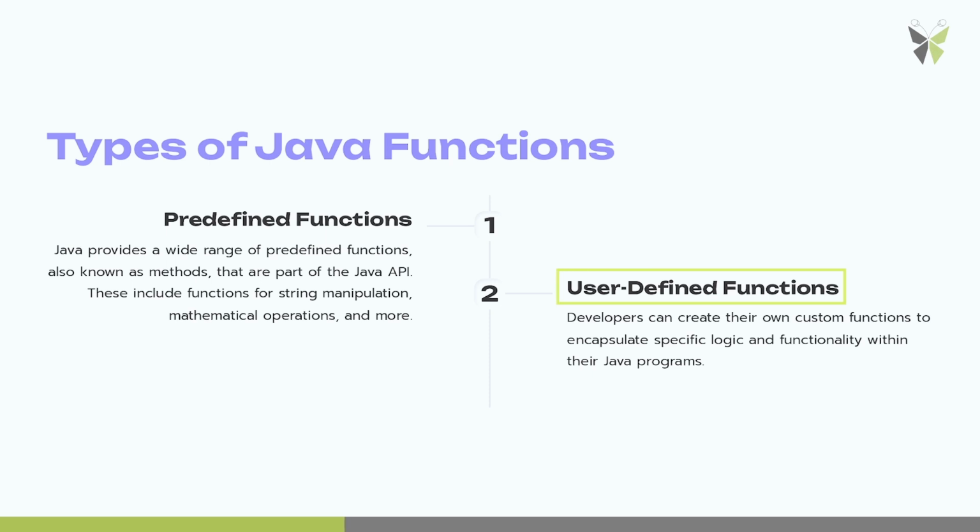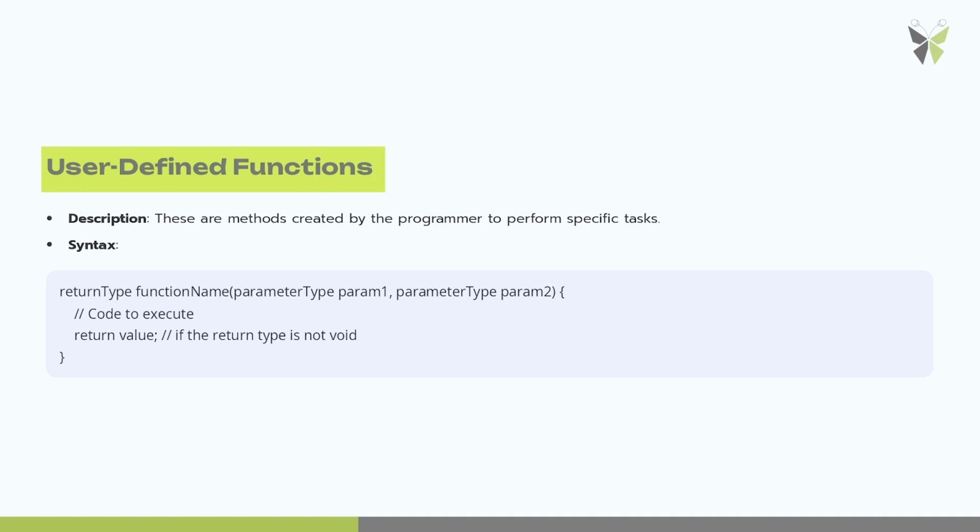So a user-defined function is where a developer can create their own custom functions to encapsulate. Encapsulate means I'm going to club everything together in one single place to define the logic and functionality within their Java program. So we are going to concentrate on these user-defined functions.